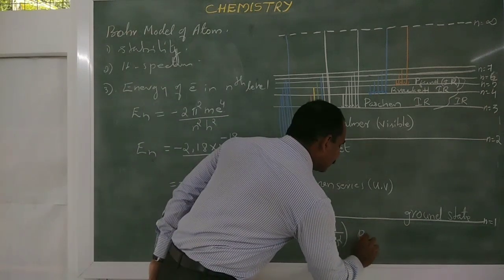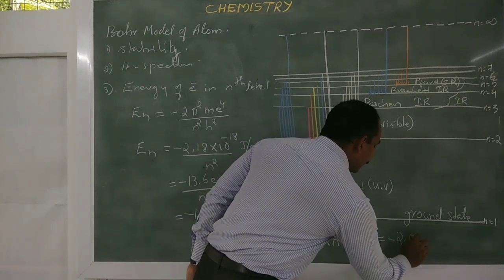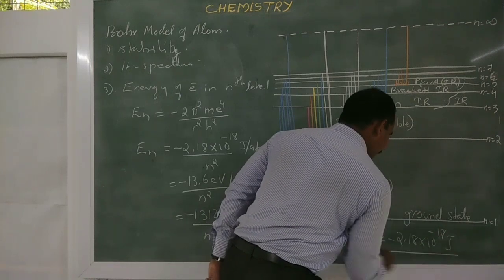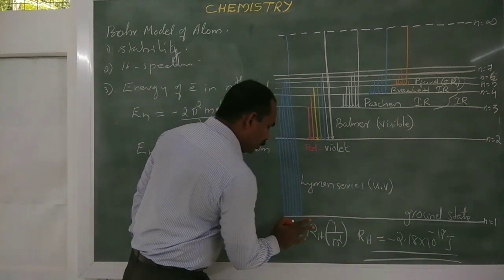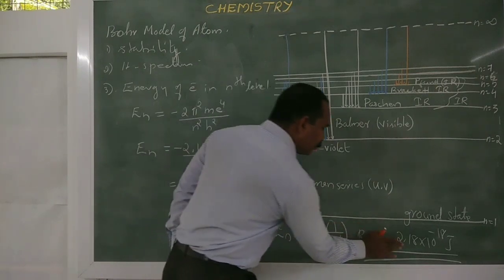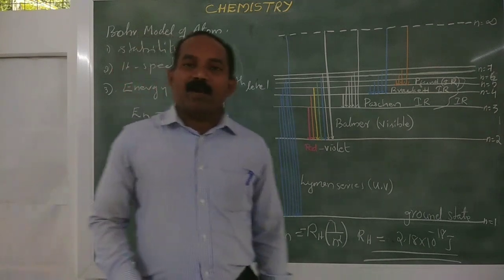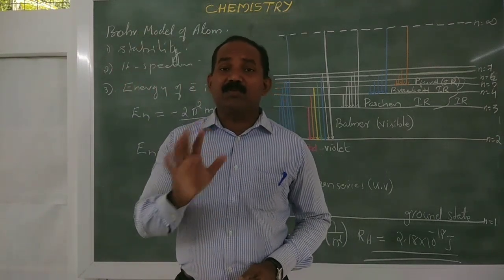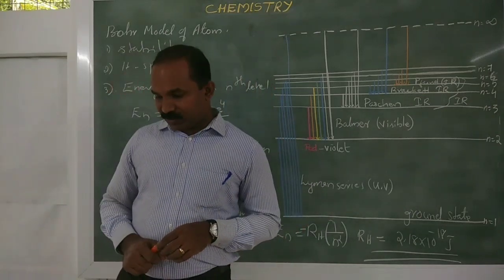Where RH is the Rydberg constant for hydrogen, equal to 2.18 into 10 raised to minus 18 joule. So if you put a minus here, you don't put a minus in RH. RH is equal to 2.18 into 10 raised to minus 18 joule. That is the energy calculation.